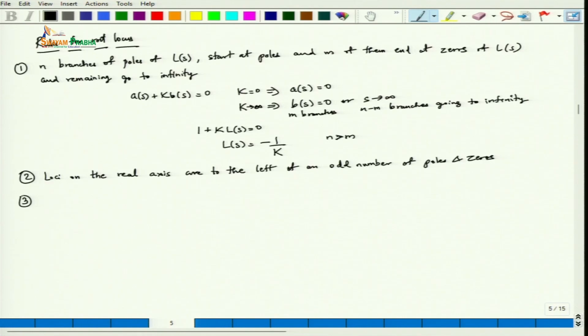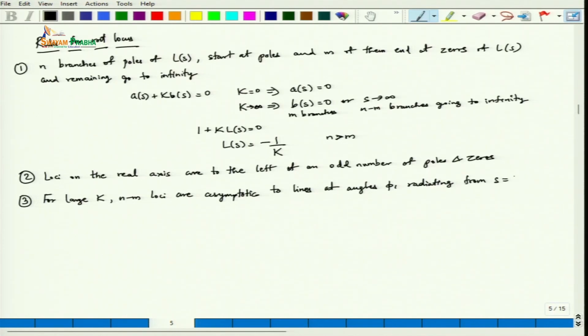The third rule is for large values of k, n minus m loci are asymptotic to lines at angles phi L radiating from S is equal to alpha on the real axis.